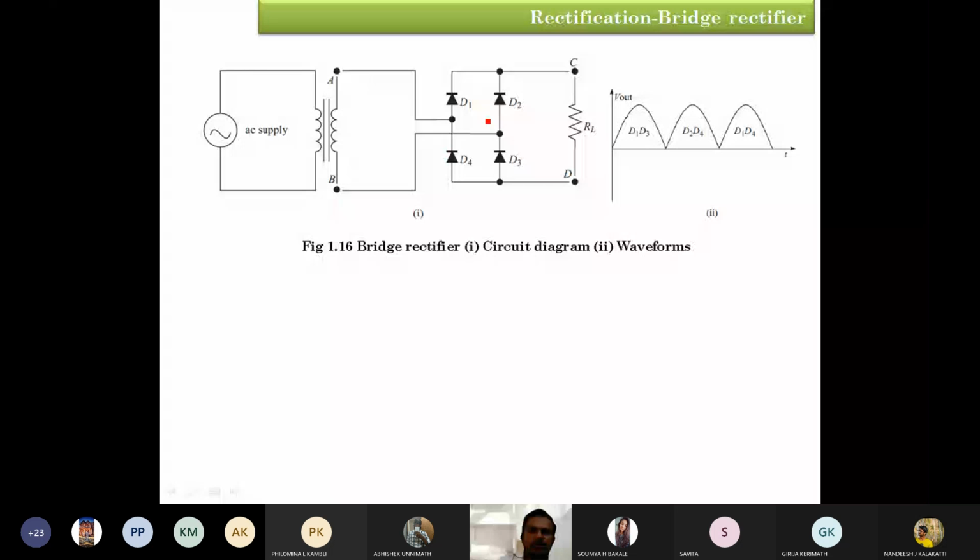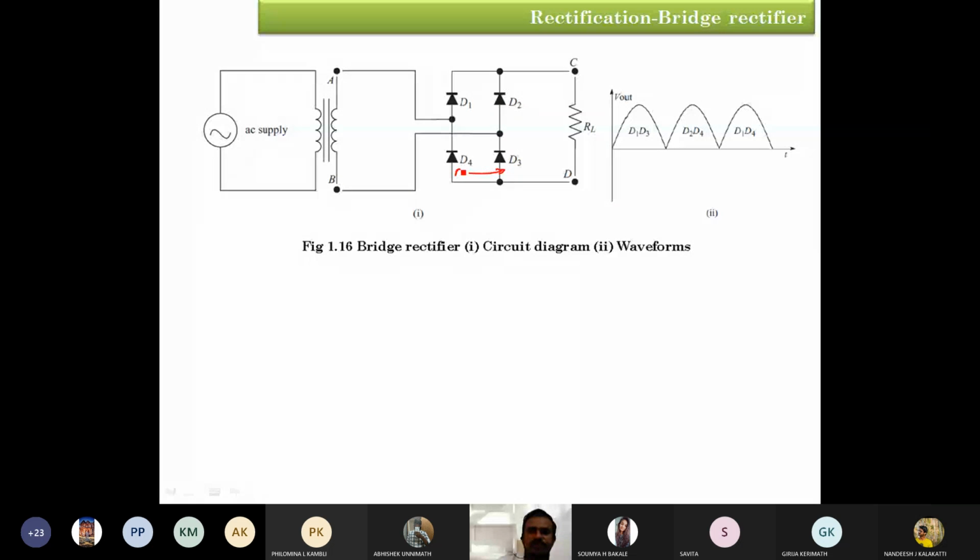You can observe carefully that the anode and anode of 2 diodes are connected, short circuited. Let's say for example D4 and D3, the anode terminals are connected. If you go for D1 and D2, the cathodes are short circuited.